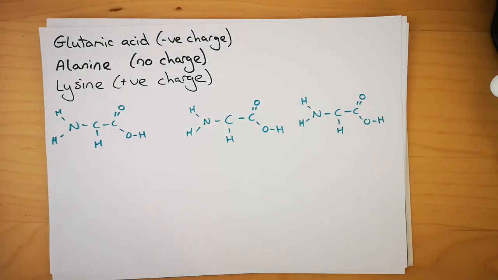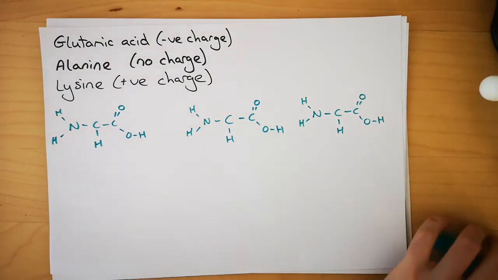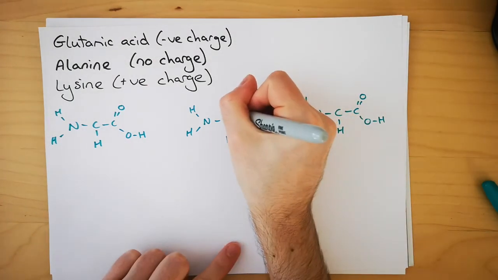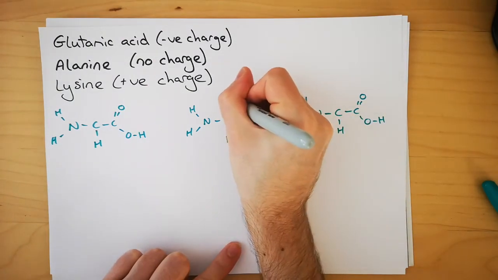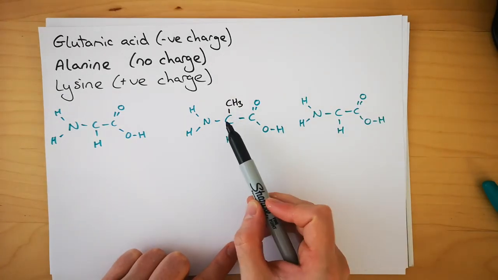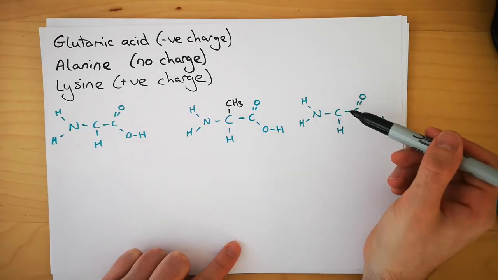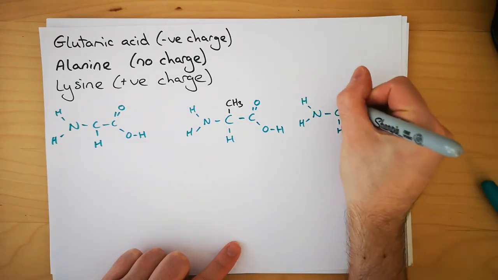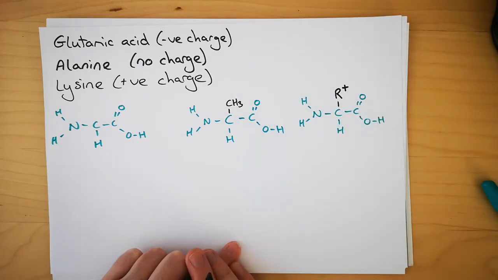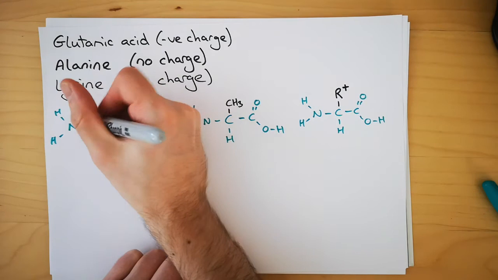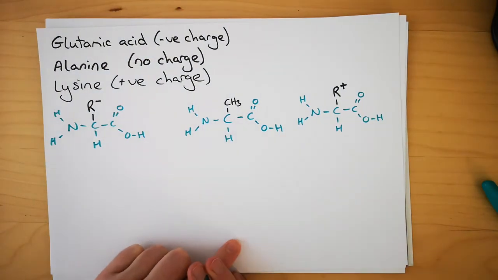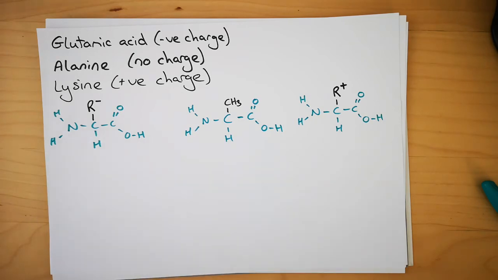Now, what you'll notice is I haven't actually put the R groups in yet. I'm going to truncate these right down. So all I'm going to do here is put my CH3, because that is what we've got on alanine. Now, the lysine, the R group here is a positive charge, and I'm just going to write a plus charge there. And the R group here is a negative charge. I'm just going to write that negative charge up there.